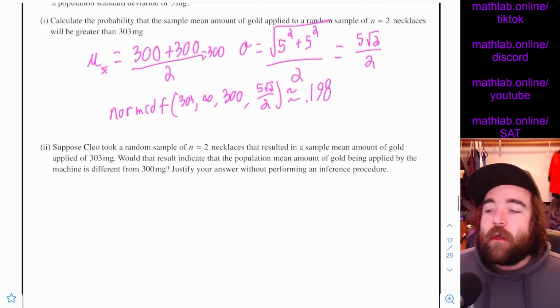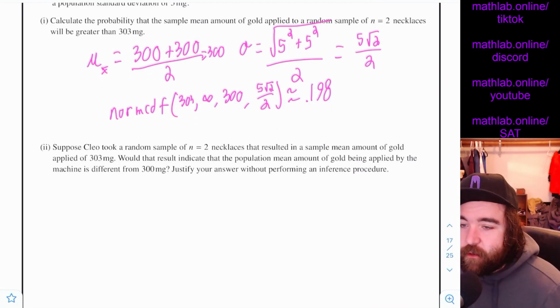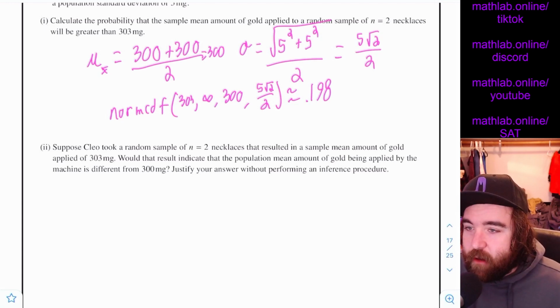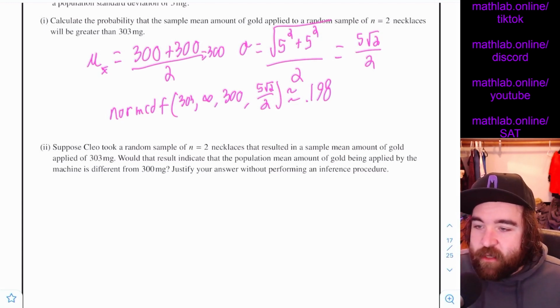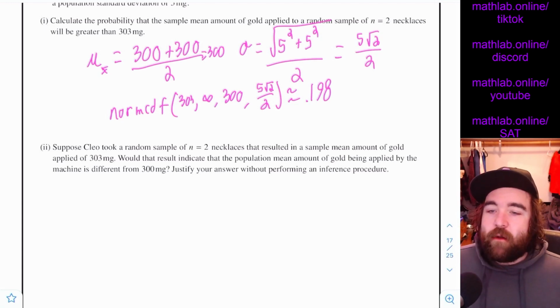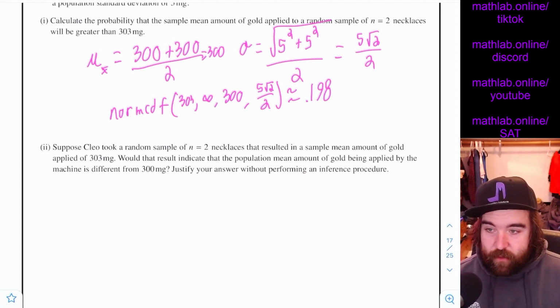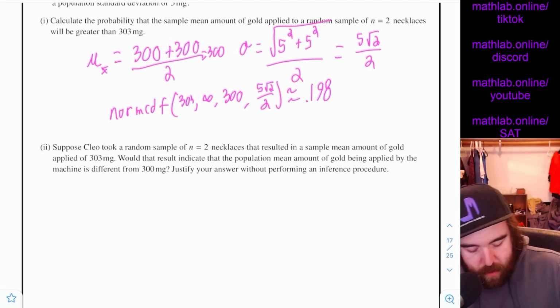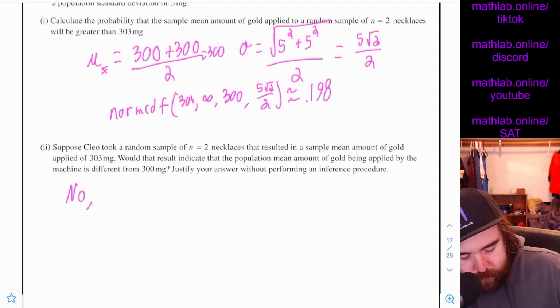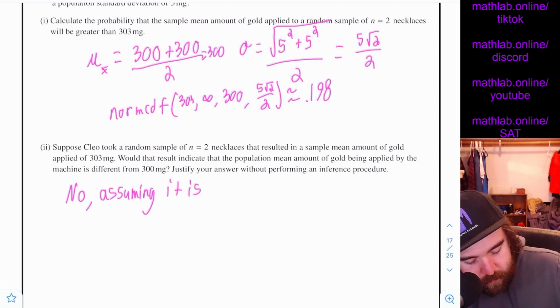Suppose Cleo took a random sample of 2 necklaces that resulted in a sample mean of gold applied of 303. Would that result indicate that the population amount of gold being applied to the machine is different than 300? Justify your answer without performing. Right. No. Assuming it is 300.